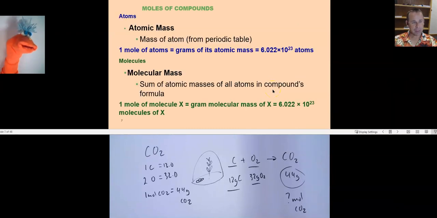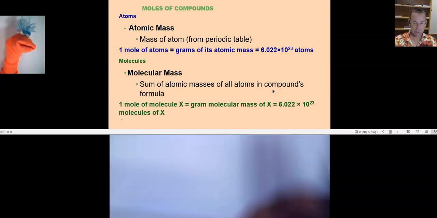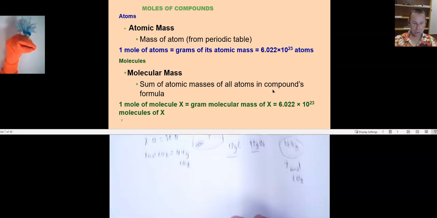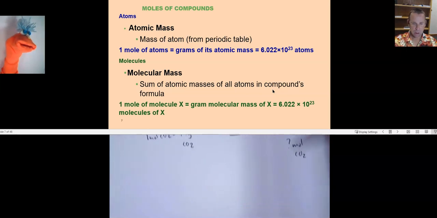Now, like we said, it doesn't have to be just grams of atoms. It can be grams of molecules, knowing how many molecules or how many grams of given materials that I would want to have, right?